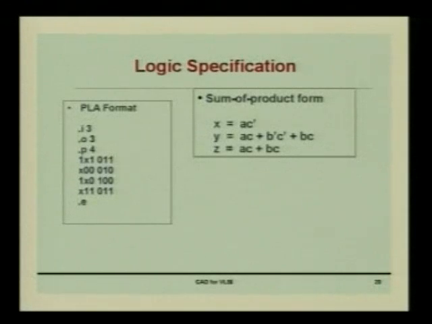In sum of product specifications, we add some product terms and specify the logic equations, and in PLA you can see that I3 means 3 inputs, O3 means 3 outputs, and P4 means there are 4 product terms, and there are 2 planes. The first one is the AND plane, and the second one is the OR plane.